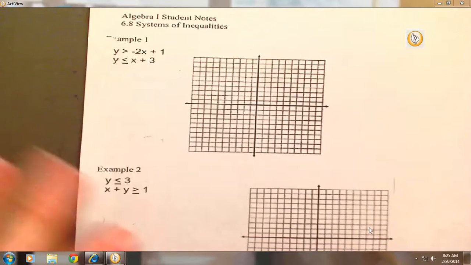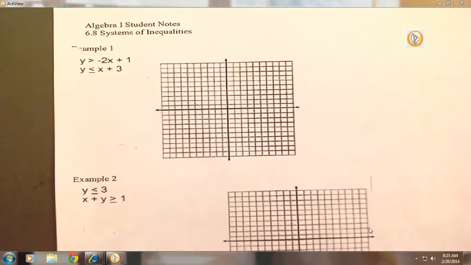Let's start with example number 1. I'm going to just have an assignment, so we want to staple that as well.